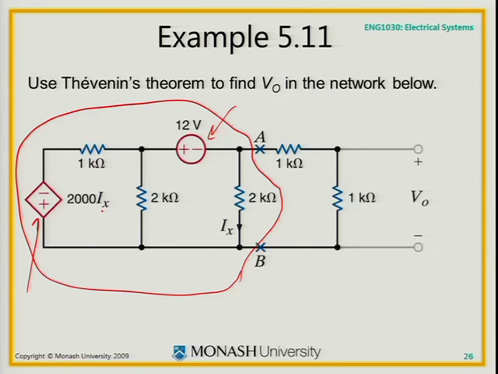So here, it depends on Ix. This branch here has to be inside. We couldn't have that outside and find the Thevenin equivalent of what was inside. That wouldn't make sense. So the controlling variables need to be inside the box, and we're finding the Thevenin equivalent of all of it. That means the 2K resistor has to be included when we're finding our Thevenin equivalent.